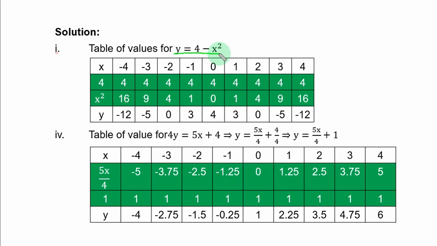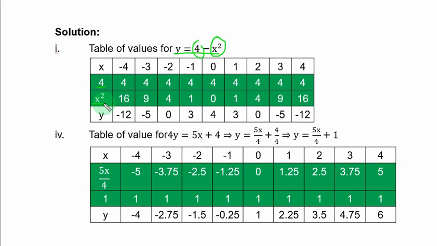The values of s are already given to you completely from minus 4 to plus 4. To get y, what we need majorly is s squared. 4 is a constant, so you write 4 under each value of s because it is a constant. Then for us to get s squared, you simply square each value of s.